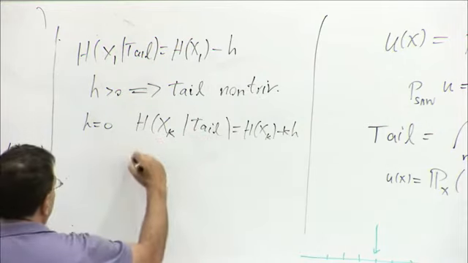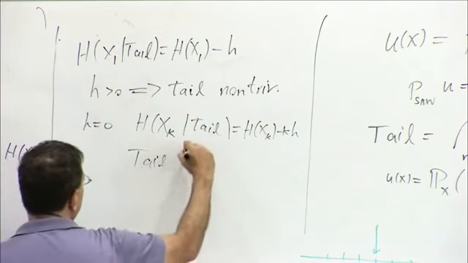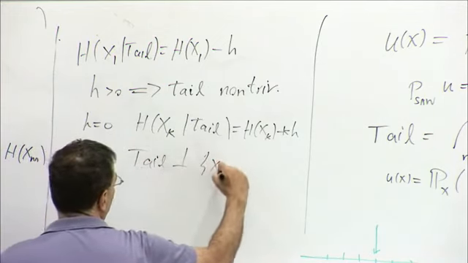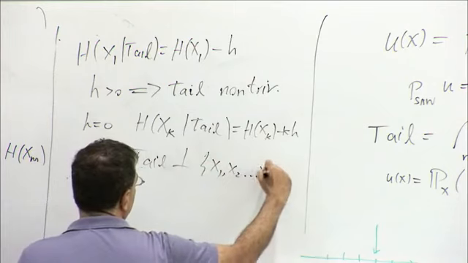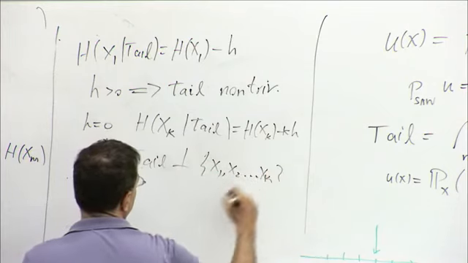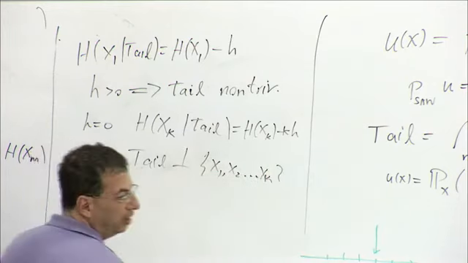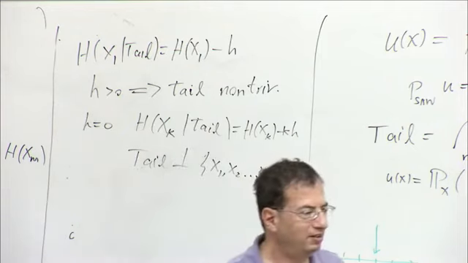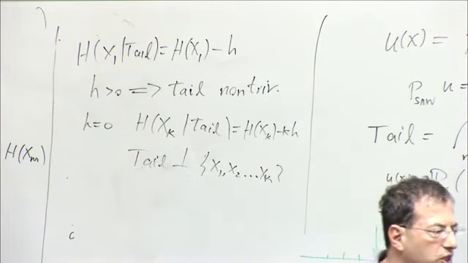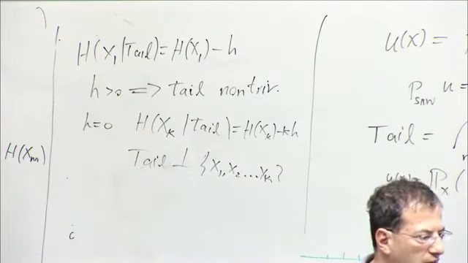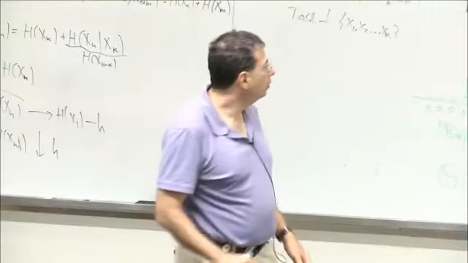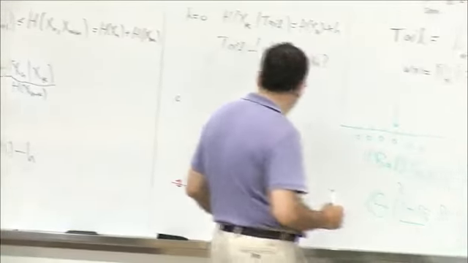So it means that the tail is independent of x1, x2, up to xk for every k. But if the tail is independent of all of these, well, it's independent of what they generate, so it's independent of itself, so the tail must be trivial. Okay, so that's the equivalence of 2 and 3.